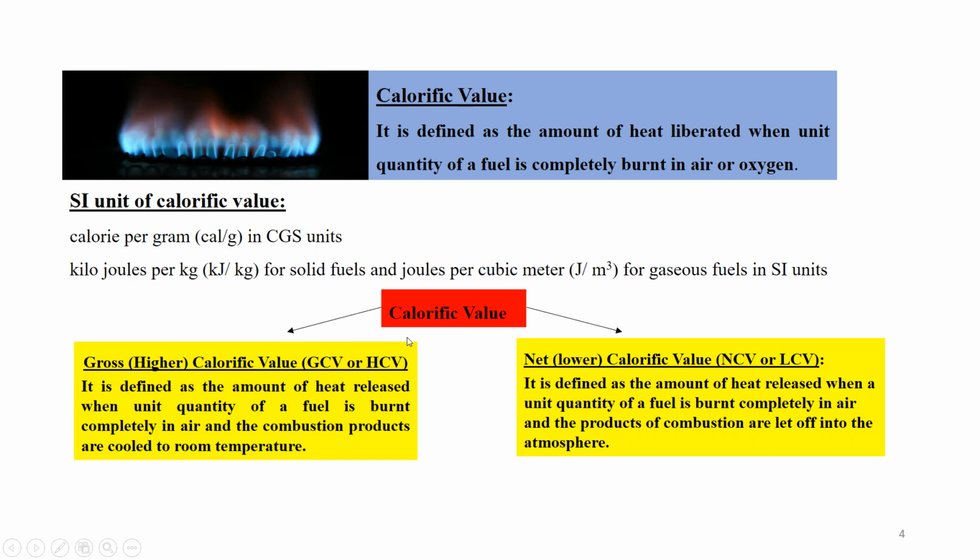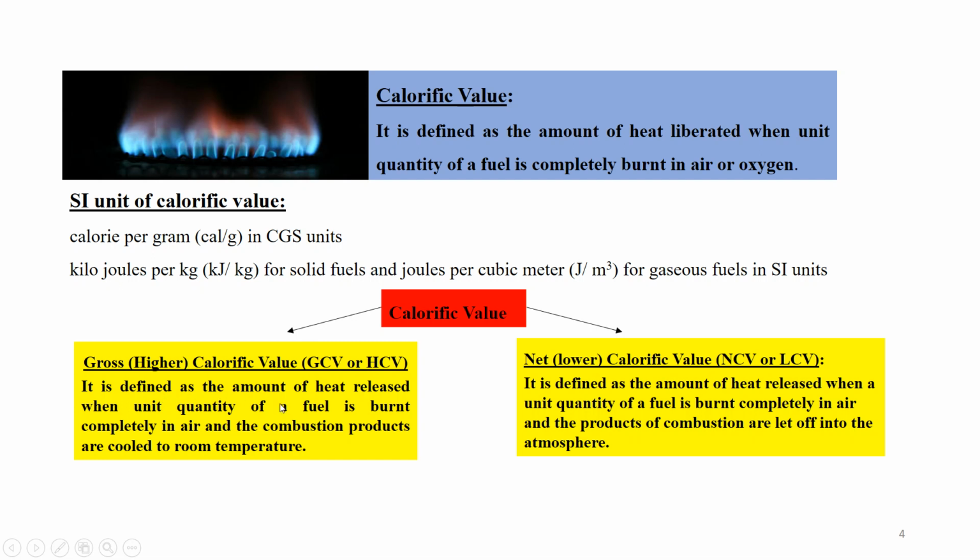Now, calorific value can be divided into two types. One is gross calorific value, also called high calorific value, GCV or HCV, and another one is net calorific value or lower calorific value. Now, what is the difference between gross calorific value and net calorific value?